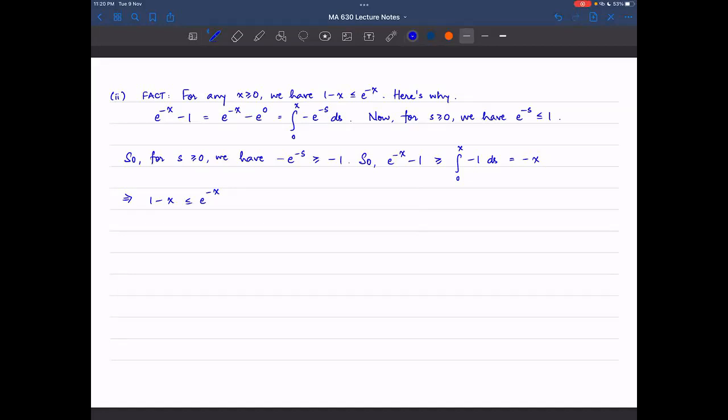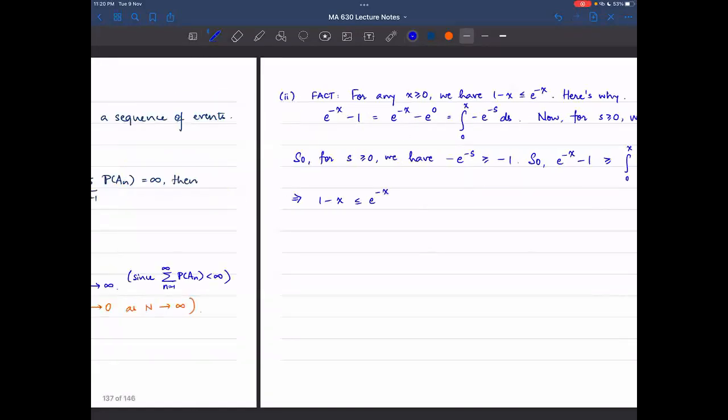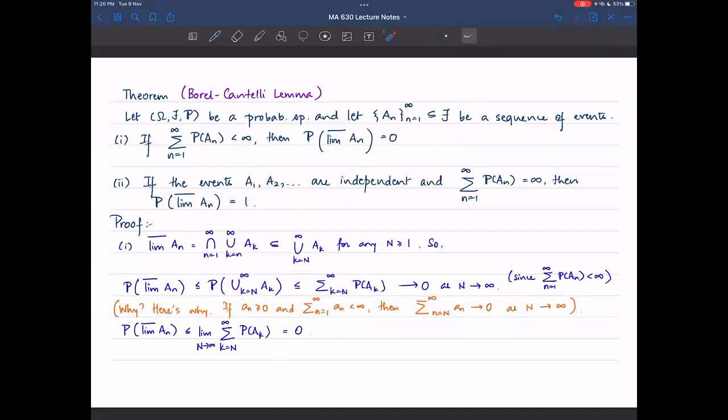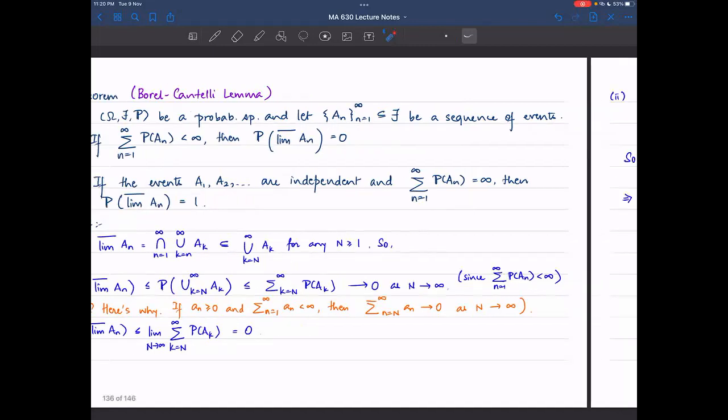All right. So we have this under our belt. Let's go back and see what Borel-Cantelli says. It says, suppose the events A1, A2, and so on are independent, and the sum, n going from 1 to infinity, of P of An is infinity, then P of lim sup An has to be 1. All right, so let's see how we'll prove this.